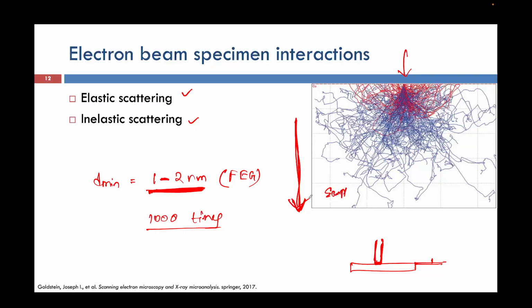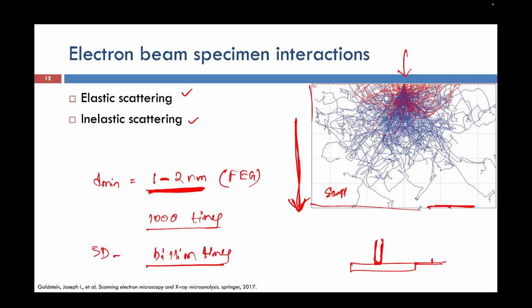And if I am talking in terms of three dimensions, then it will be nearly a billion times. That means all the information I will get from the sample is coming from a space which is much larger, on the order of 10 to the power 9 larger. So that is why I need to verify which information is coming out of the specimen.